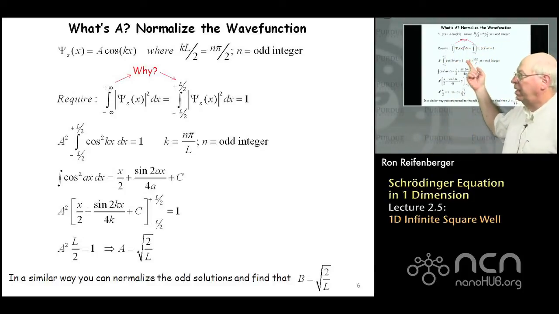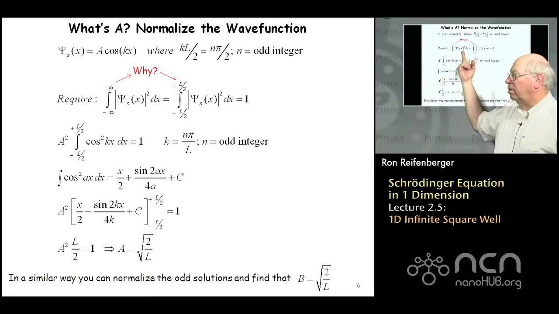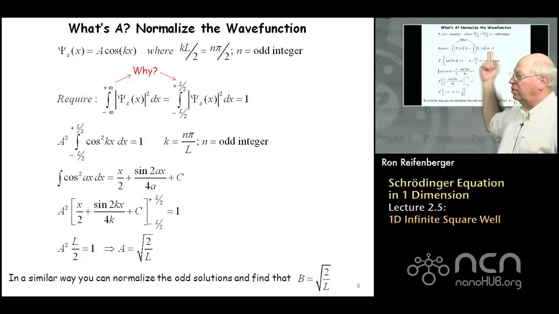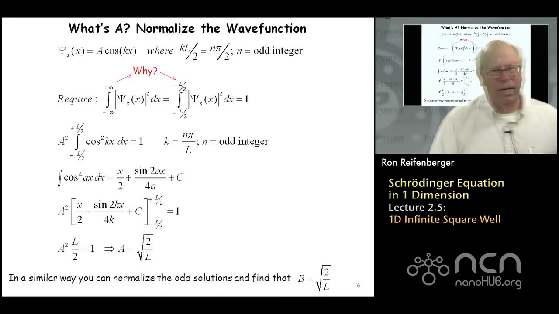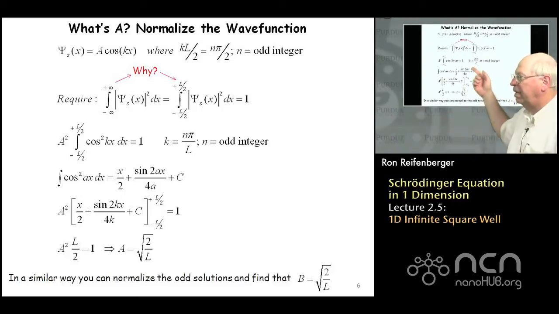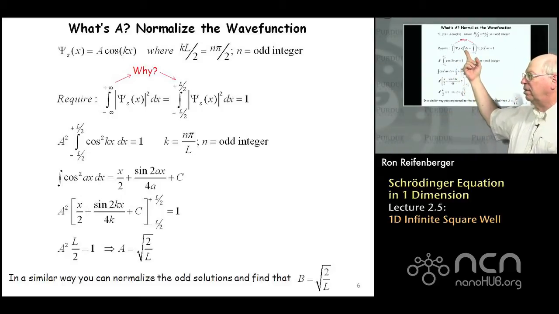We basically mean that the integral of the square of the wave function integrated over all space is equal to unity. And if you remember, psi squared is the probability density, and then you multiply the probability density by dx right here.